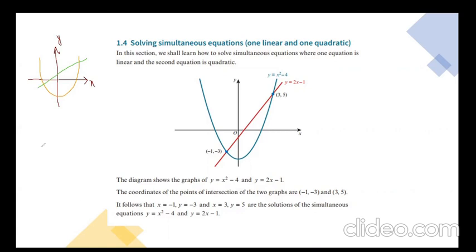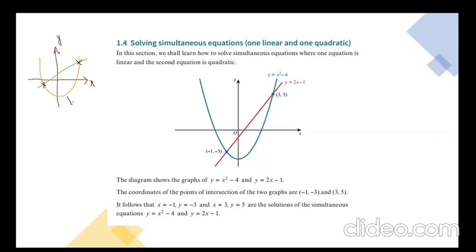So 2 points mean there must be this point and this point. There must be two solutions. So the diagram shows the figure. The graph is basically this.